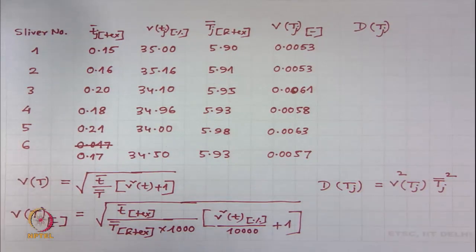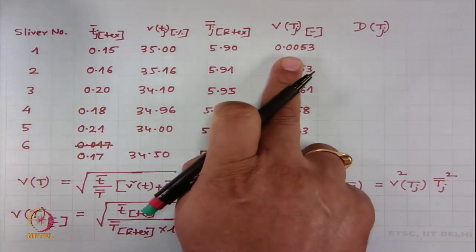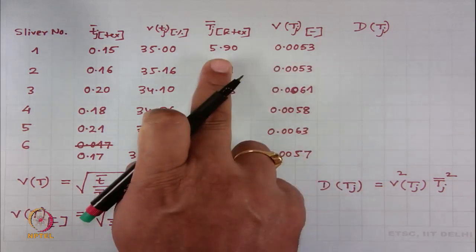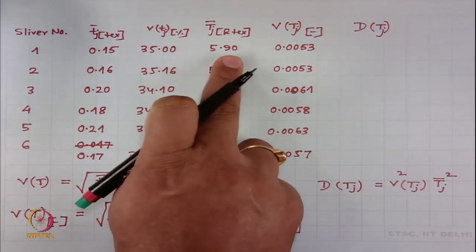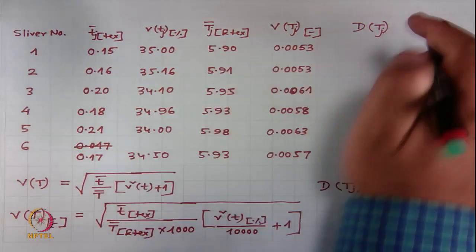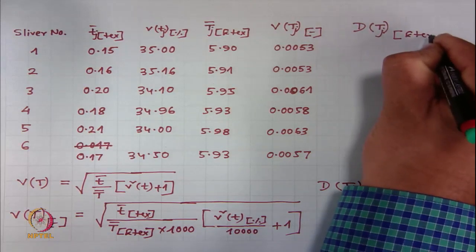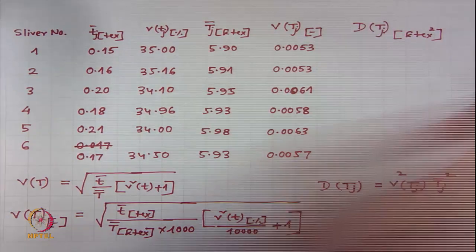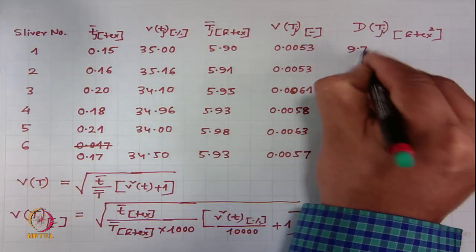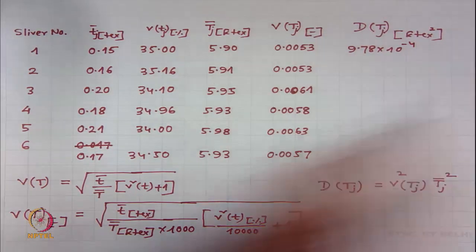Square. So, for the first one, square of 0.0053 into 5.90 square. So, its unit will be kilotex square. So, this reading you will see, you will get this value.